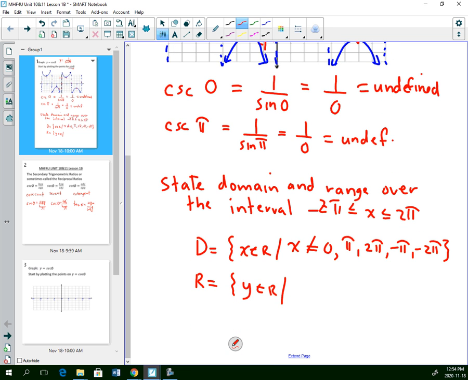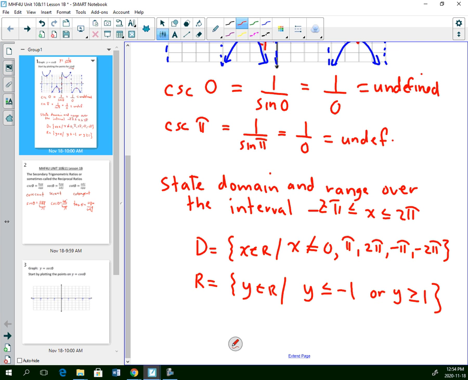So we have to write it as two different statements. It's either below negative 1 or above 1. So we can't write that as one statement. We have to write it as two separate statements because the graph is divided into two parts. It's either up here or down here. Okay? All right, so that's cosecant.